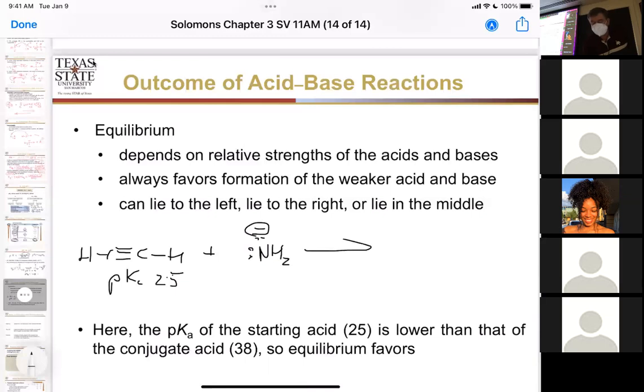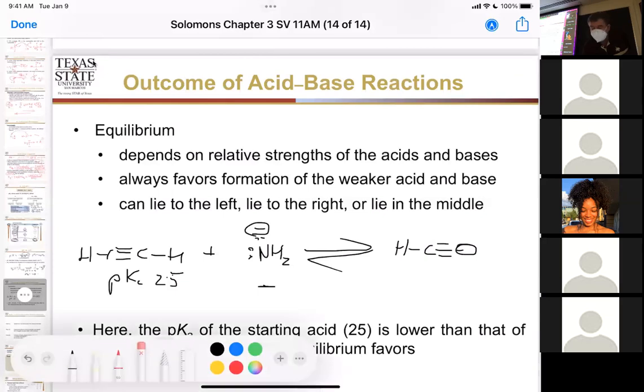We're trying to decide which way this reaction is going to go. Now we could calculate our pKb, or base strength, or we can just compare the acid strengths. But I only have one acid and one base here. We have to finish the reaction and transfer that proton.